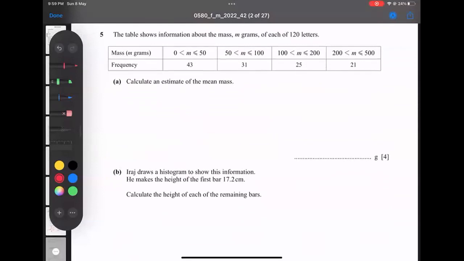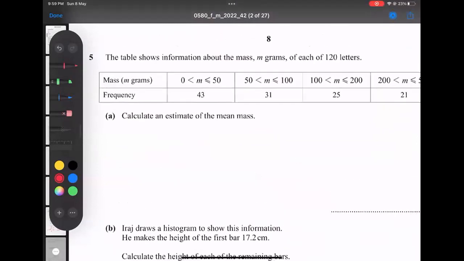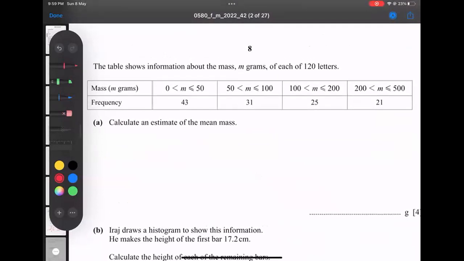So how to get question number 5? Here we have to find the mean and then some histogram idea. So let's see how we can find the mean. Students try to mix up sometimes here. Whenever the mean is concerned, we will find the average of these two numbers. Or I make one extra table here.